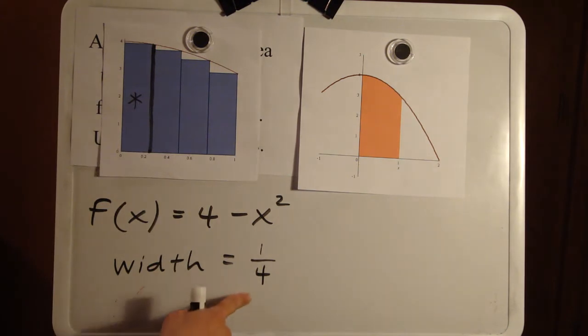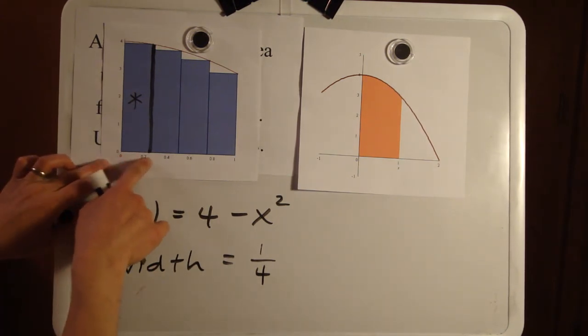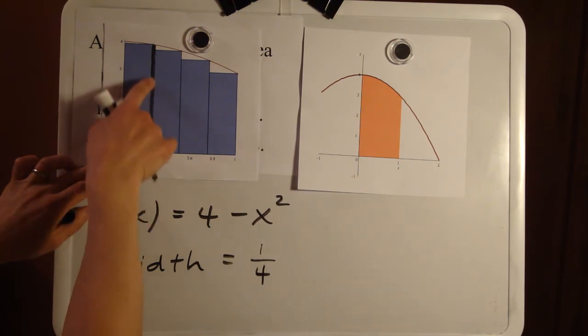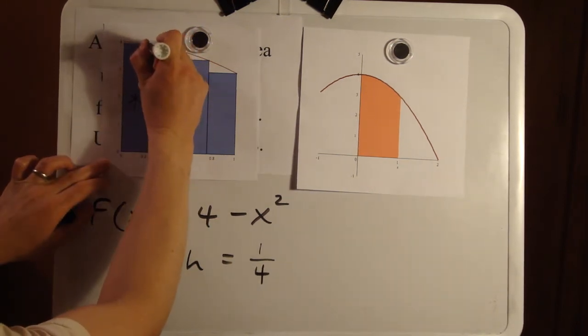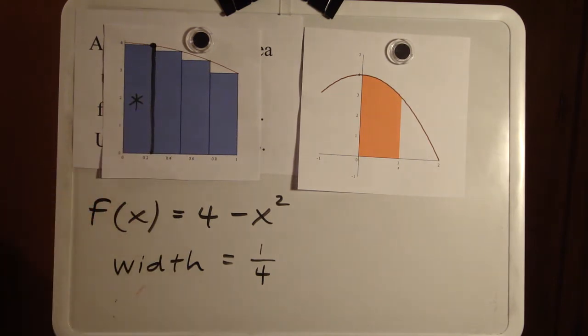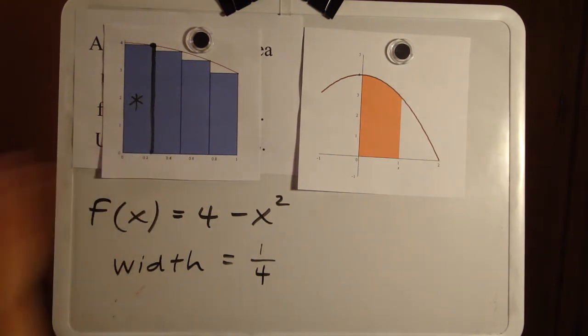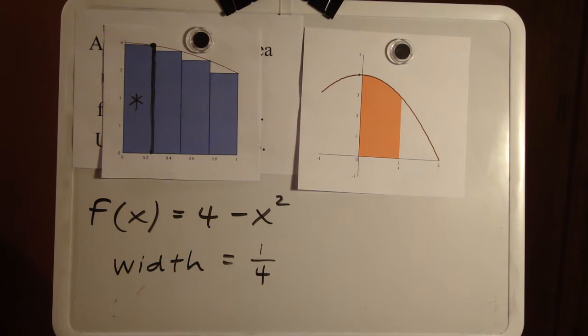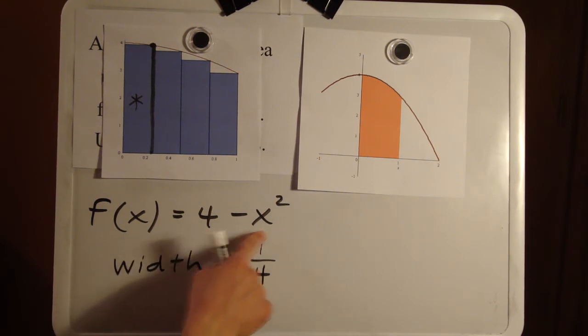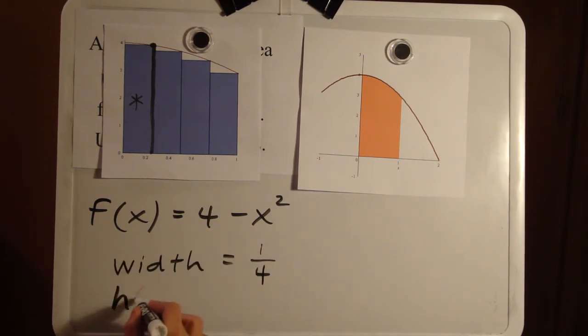So if the width is 1/4, then this means we would have to take the number 1/4 or 0.25 and actually insert it into the function, and you'll notice that it touches the curve at the upper right hand corner. So if you want to get the height of the first rectangle, you would have to insert 1/4 into this function. So we'll make a note of that here.